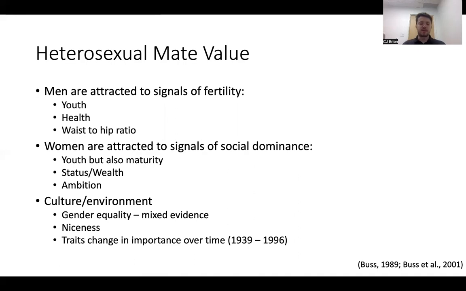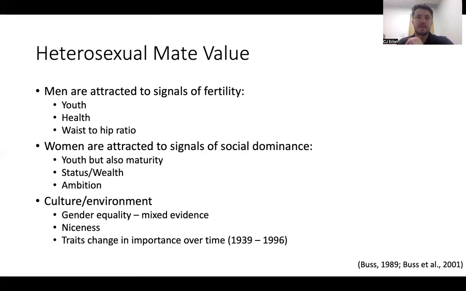Interestingly, there seems to be mixed evidence about the role of culture in this as well, but the general gist suggests that this is not just evolution, and that there is certainly quite a large cultural aspect to this as well. So a few examples of this: your book talks about gender sex equality.